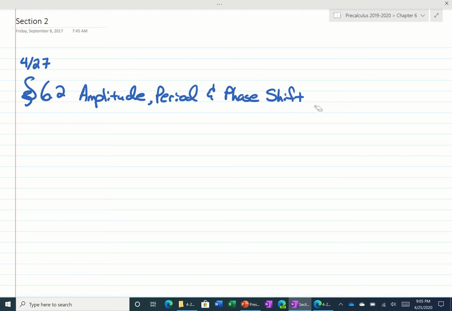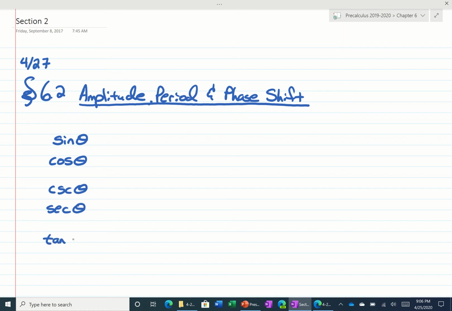And just as a reminder about what we did before we left for these 2 weeks, we talked about different shapes of graphs. We said that sine and cosine are similar. We said cosecant and secant are similar.